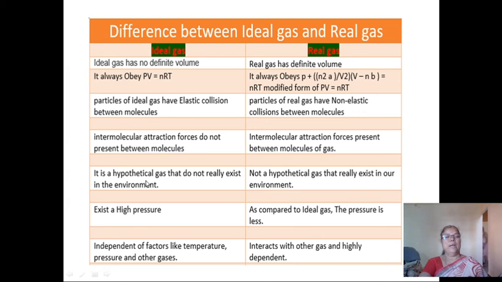Again, ideal gases are hypothetical gases. They do not really exist in the environment, and real gases are not hypothetical. They really exist in our environment. These are also the distinguishing points between ideal and non-ideal gases.